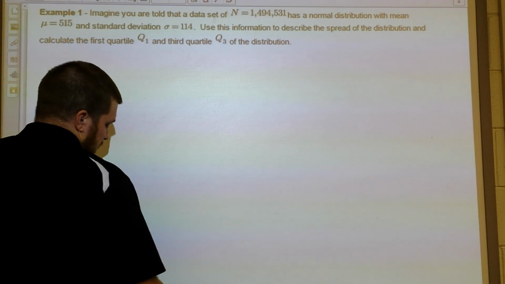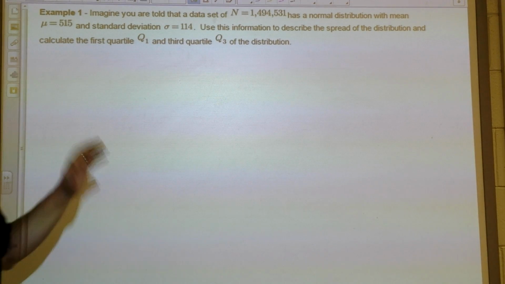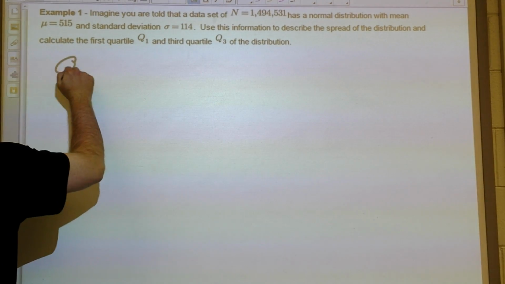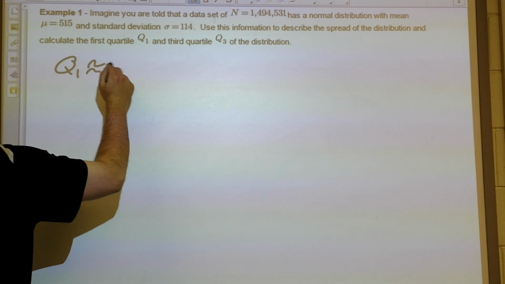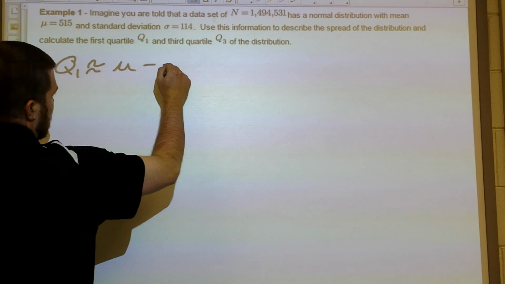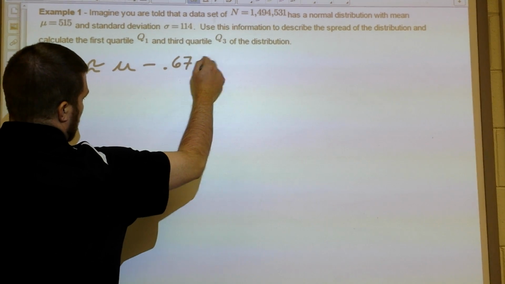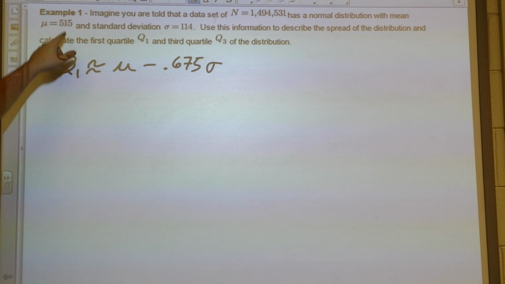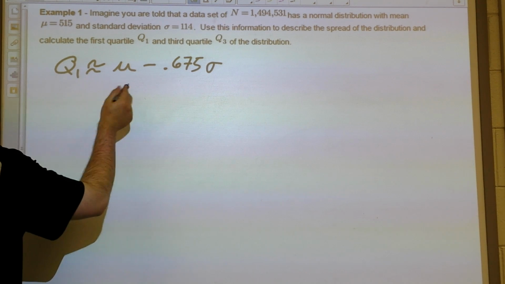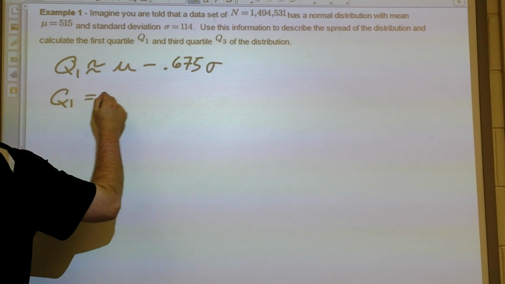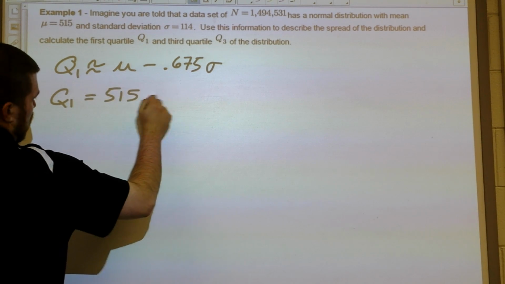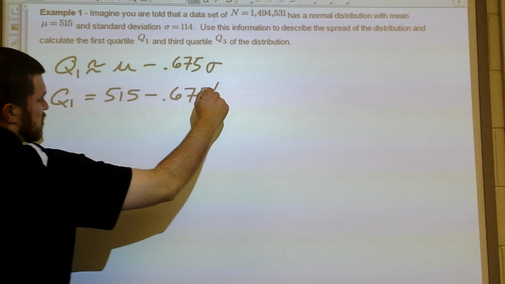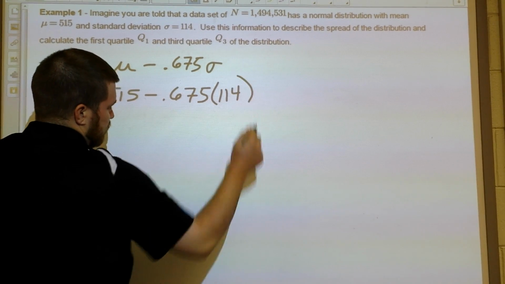So I'm going to start with the quartiles, Q1 and Q3, just using those two formulas that you just saw. For Q1, it's approximately the mean minus 0.675 times our standard deviation. We're told in this problem that our mean was 515, so Q1 is equal to 515 minus 0.675 times our standard deviation, which we were told is 114.